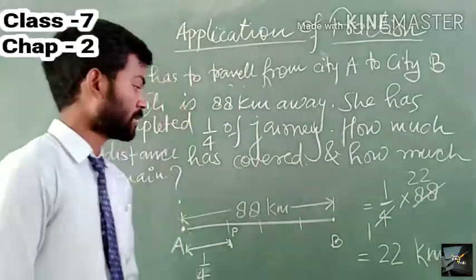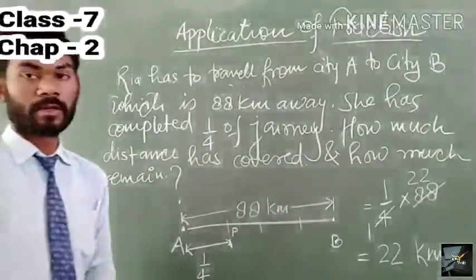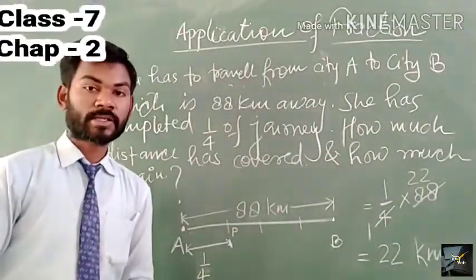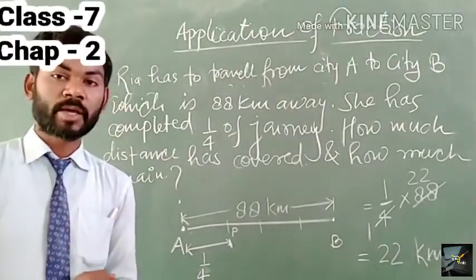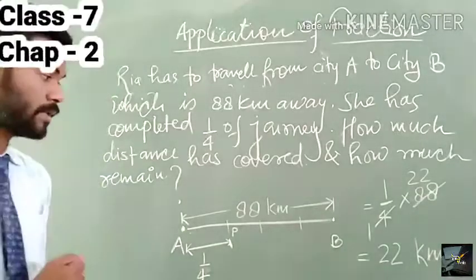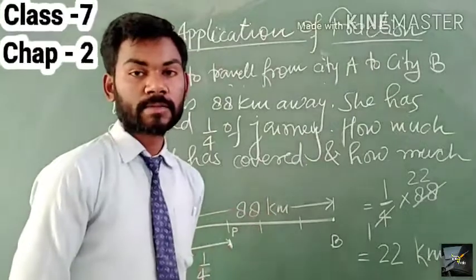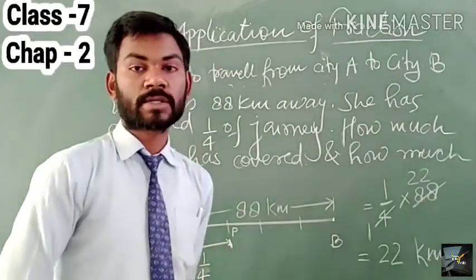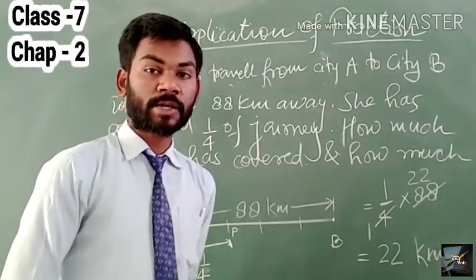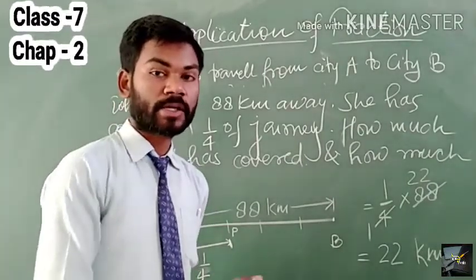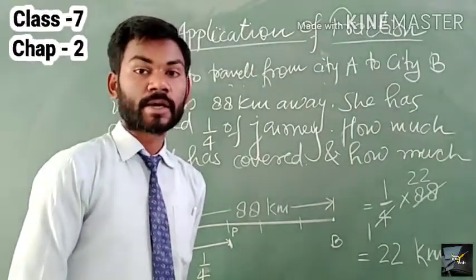Now the next question is how much remained? The next question asks how much distance remained to cover. Since she has covered 22 kilometers and the total distance was 88 kilometers, when we find the difference between 88 kilometers and 22 kilometers, we get the remaining distance.